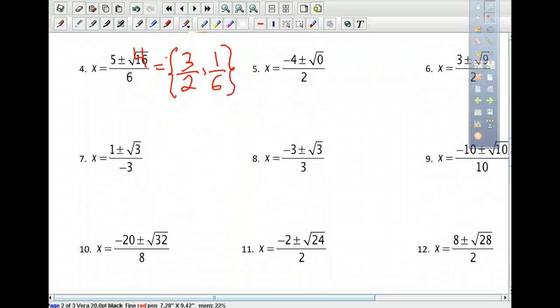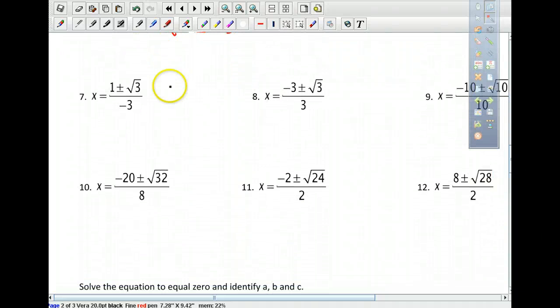So you get two answers, exact, for all those. When you get to number 7, you see this is not a rational number, so we can't get a rational answer. Questions, guys?